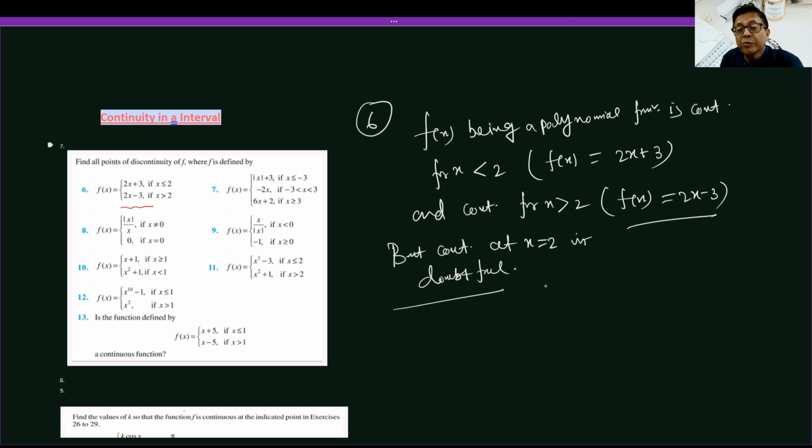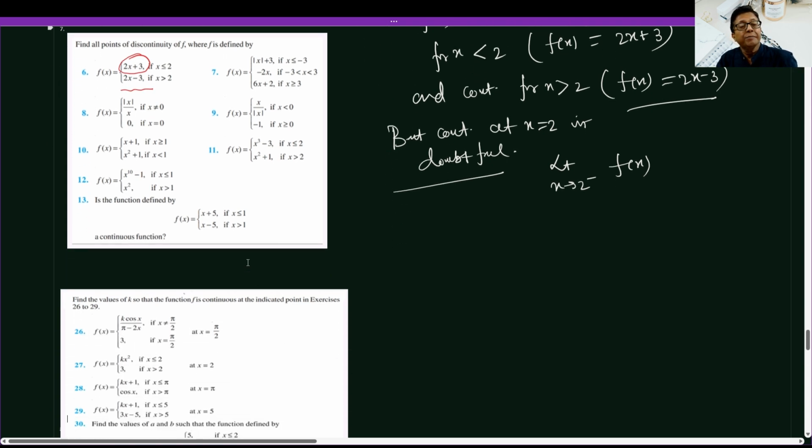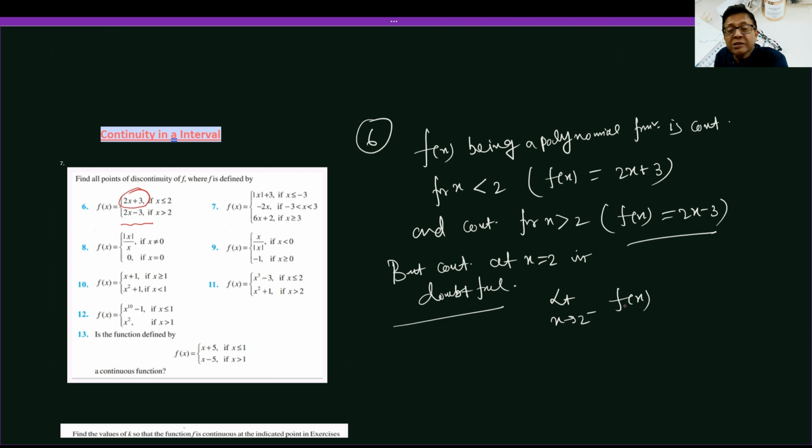At that point you calculate limit x tending to 2 minus, that is the left hand limit. Which part of the function are you going to take? You are going to take this part only, isn't it? So we are going to check limit x tending to 2 minus f(x).